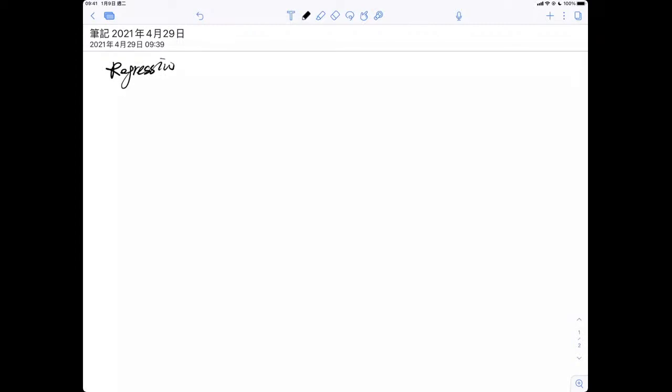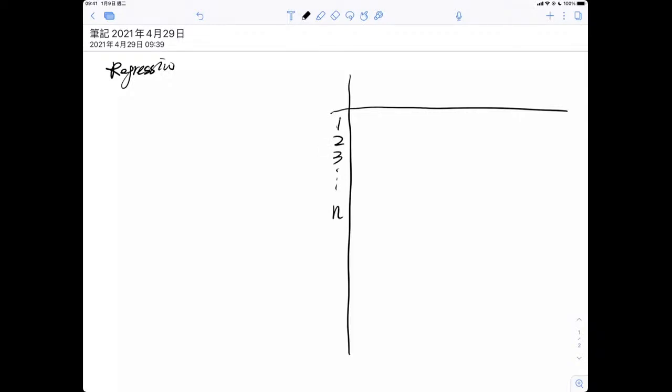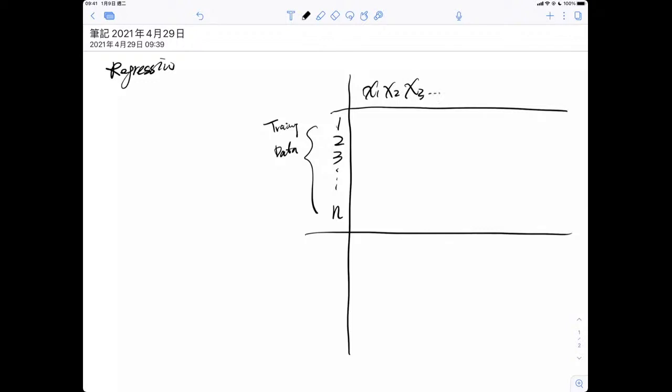Usually when we talk about regression, we still draw this table. We have a lot of training data and we have a lot of different features. For regression, the target value y is a real number, right?